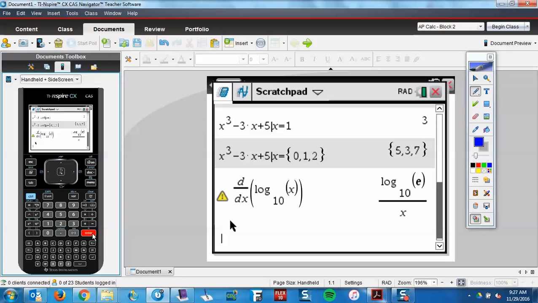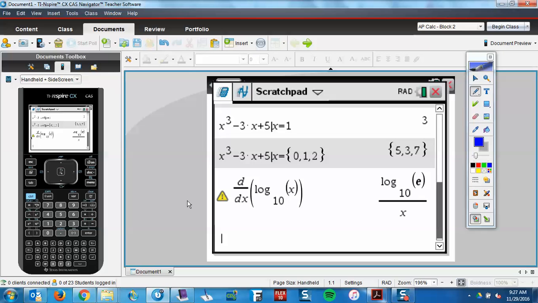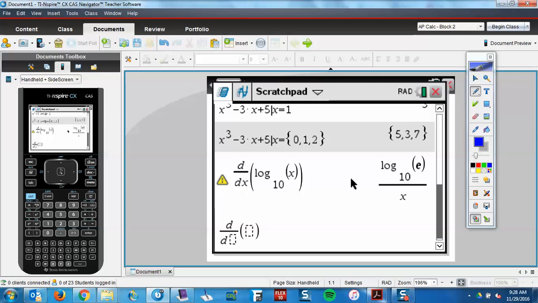Oh, that's weird. It says it's the same as 1 over ln 10. That's the same thing. I don't like how it wrote that, to be honest with you. I would never, but let's do a simpler one.